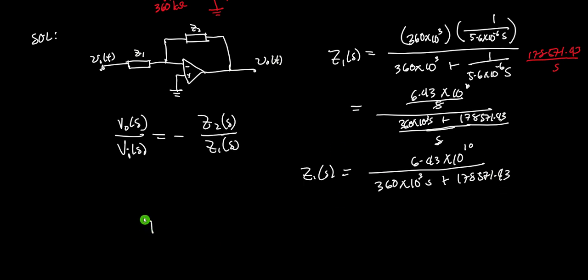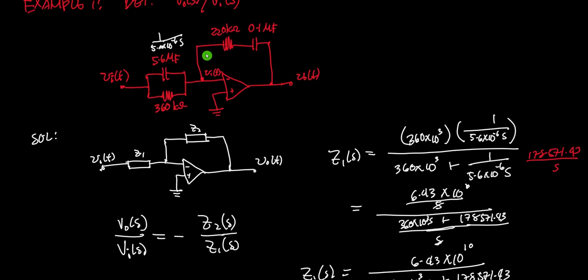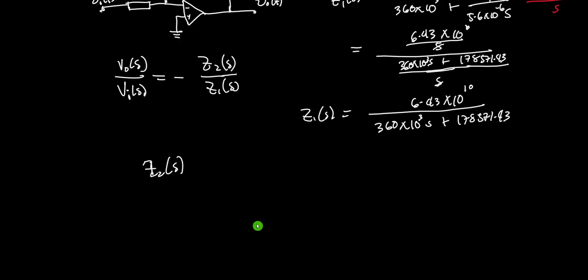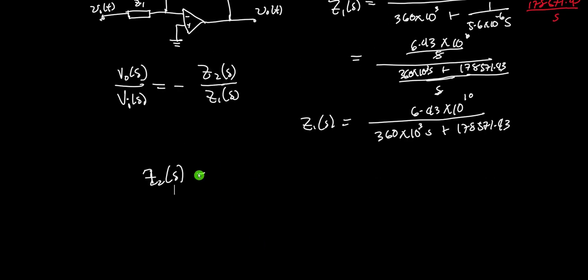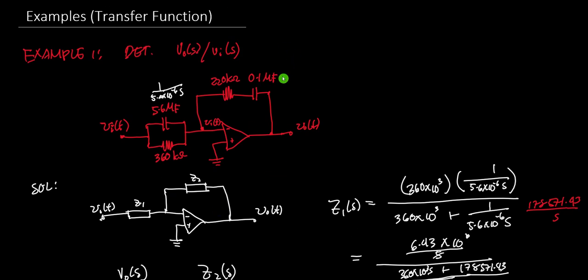Next, for Z2. Z2 is just the series combination of 220 kilo ohms and 0.1 microfarad. So we can just write this: it will be equal to 220 times 10 to the 3 plus the equivalent of this.